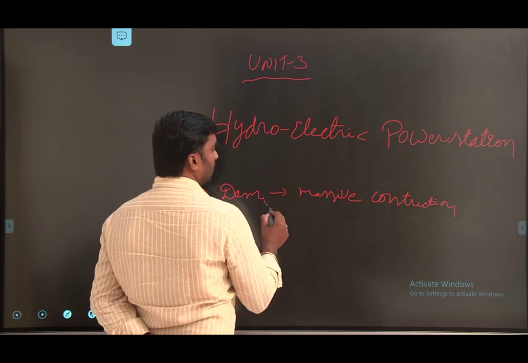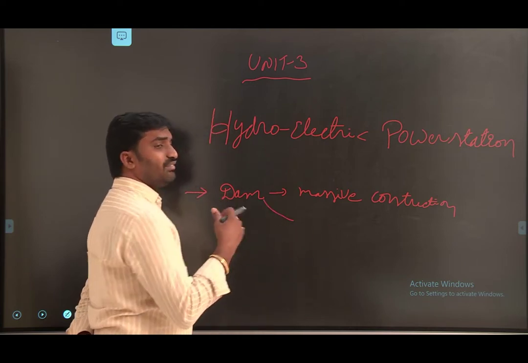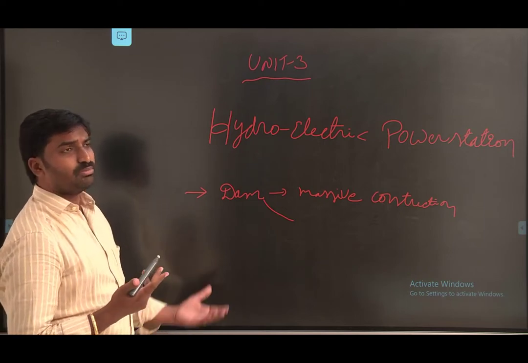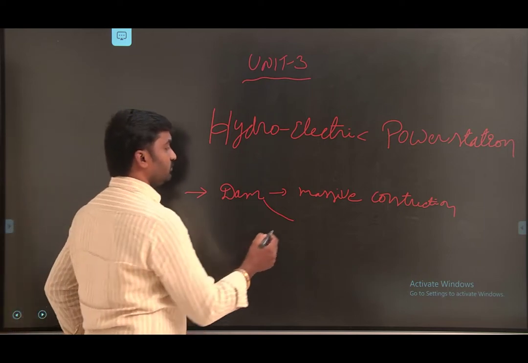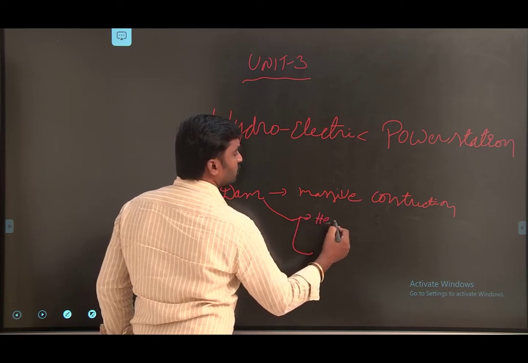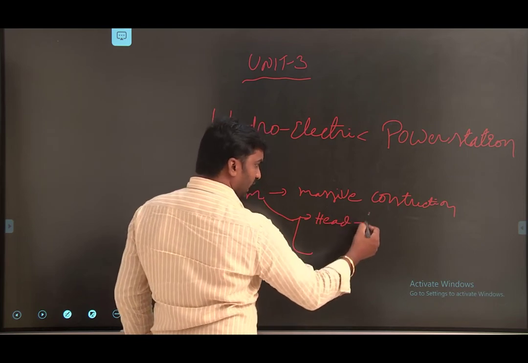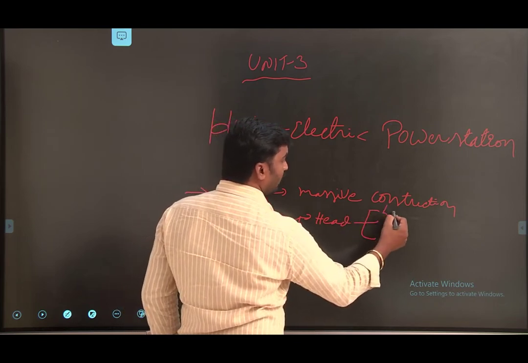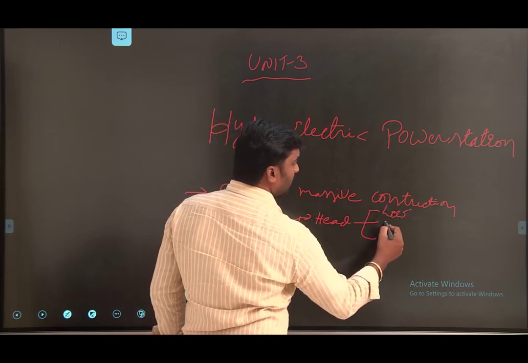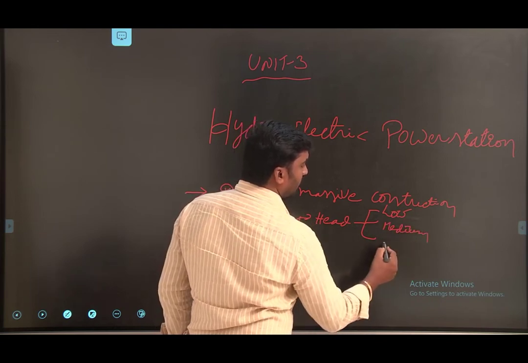Generally, what are the different types of dams? Dams are classified on various bases, on the basis of the head of a dam. Generally the head of a dam has 3 types: low head, medium head, and high head.